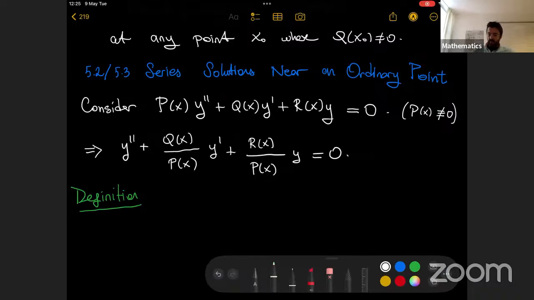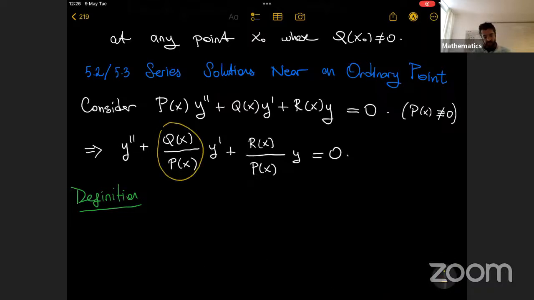An ordinary point is a point where the coefficients are analytic at that point.